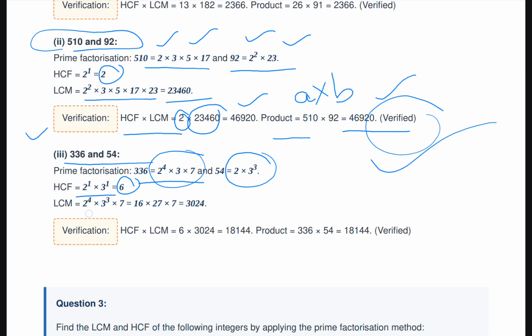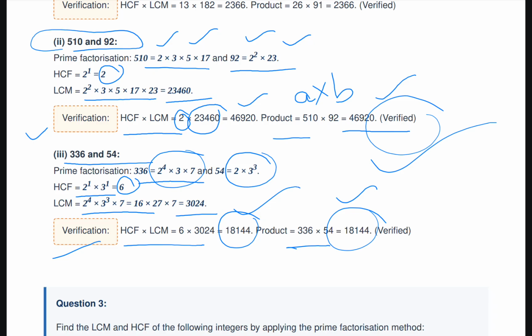You will multiply them and you will get 3024. Now you will do the verification. SCF into LCM, 6 into 3024, you get 18144, and the product of the two numbers is also 18144. Both sides are equal, so our condition is verified.